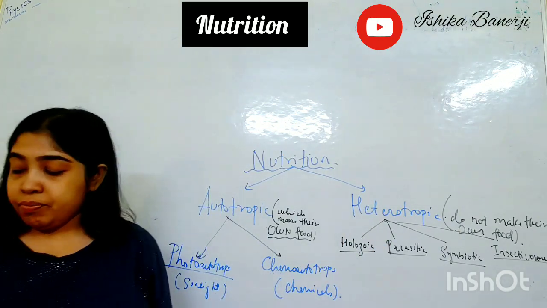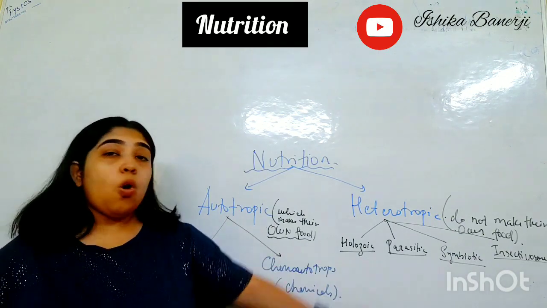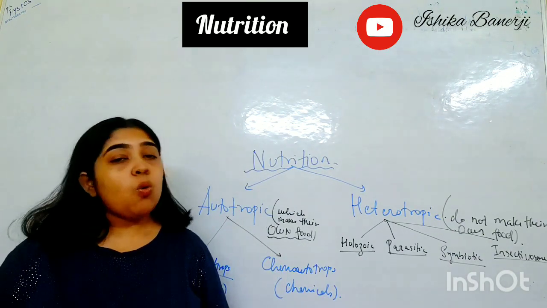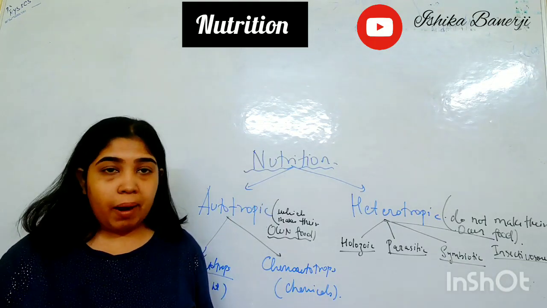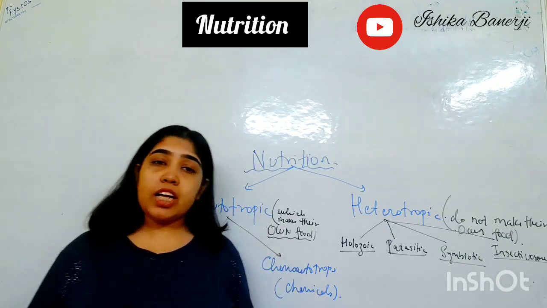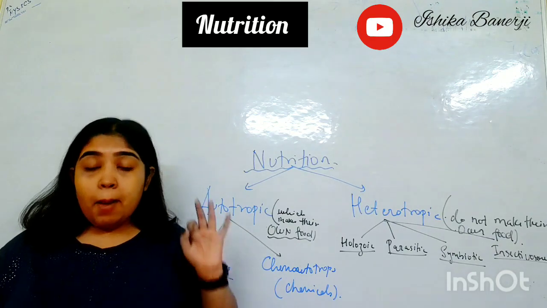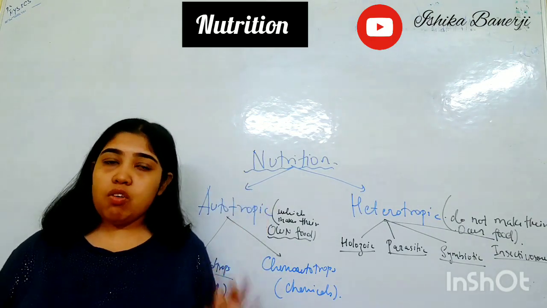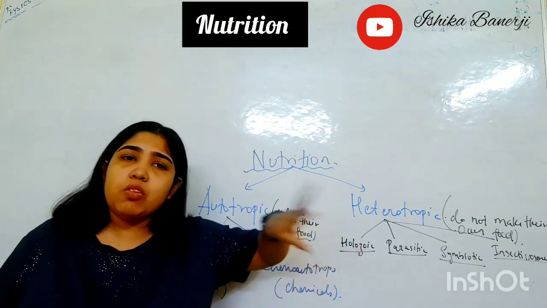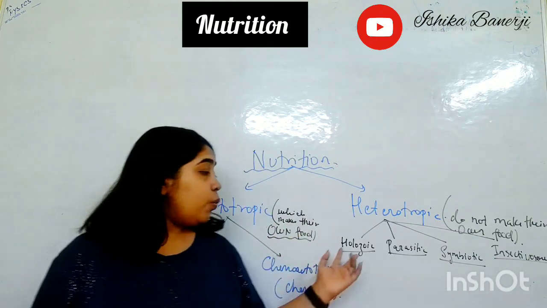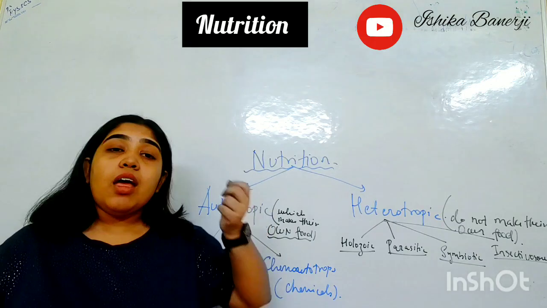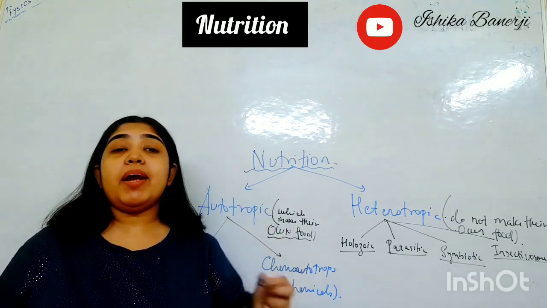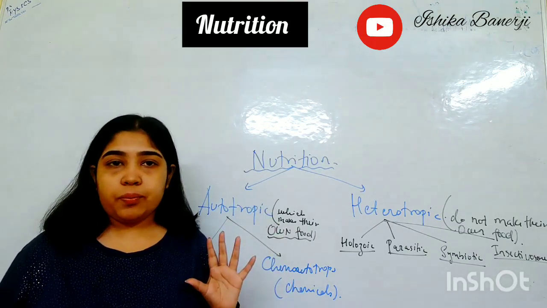Now, first understand, holozoic are those who are free to move but dependent on others for food. Like we humans, we can move freely, yes, but we are dependent on others for food. So holozoic are free to move but dependent on others for food.